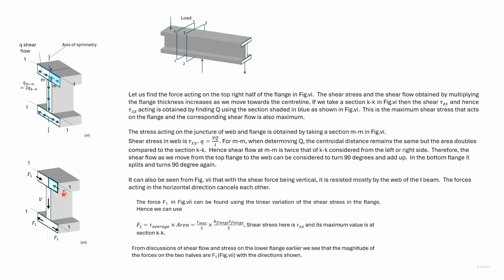We can find the force F1 acting. It will be given by the average shear stress acting in the blue portion multiplied by the area of the blue portion. The maximum shear stress occurs at the axis of symmetry. Since the variation is linear, the average shear stress is equal to tau max divided by 2, and the area is the thickness of the flange multiplied by the width of the flange divided by 2.